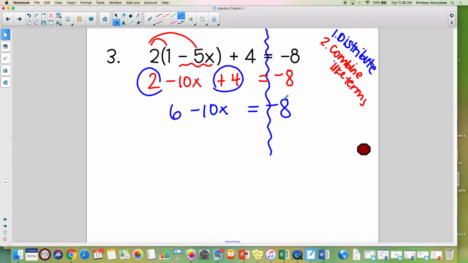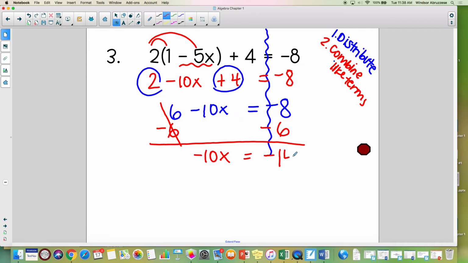Now I'm back to a two-step equation. I'm going to get rid of the constant. In this case, I subtract 6 on both sides of my equation to eliminate it. Then I bring down my negative 10x equals negative 8 minus 6, which is negative 14.